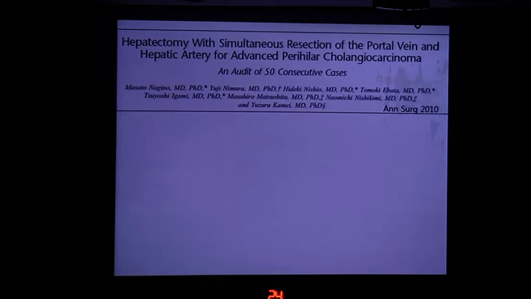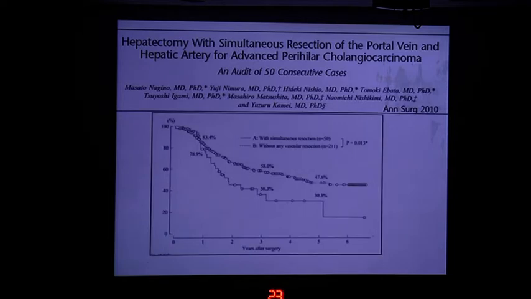And 5 years ago, we met very shocking reports from Nagoya. They reported simultaneous resection of portal vein and hepatic artery for Hilar cholangiocarcinoma, and the 5-year survival rate of patients with simultaneous artery and vein resection was 30%, and of patients without any vascular resection was 47%. So actually, I was so shocked. Who am I?